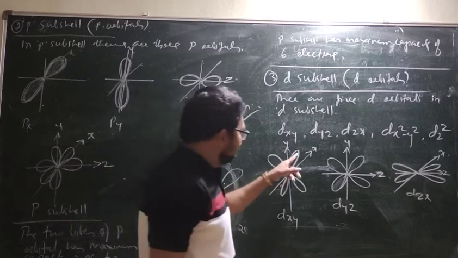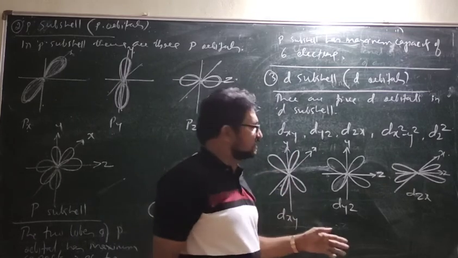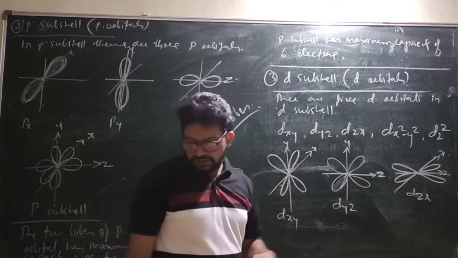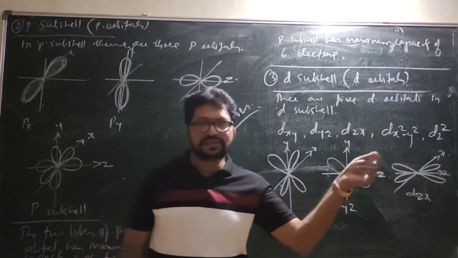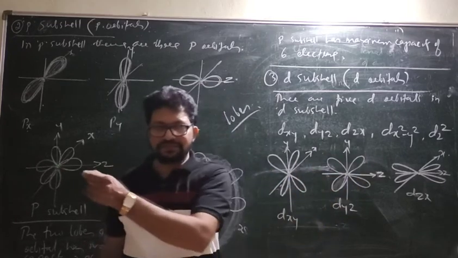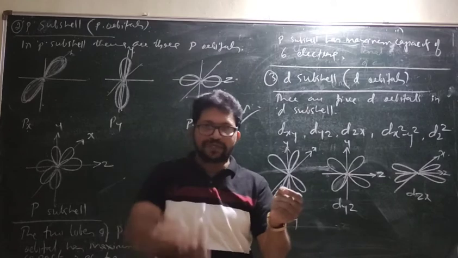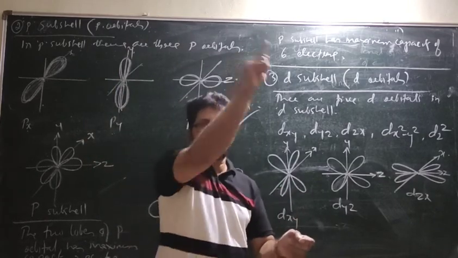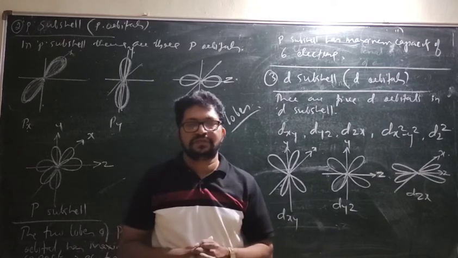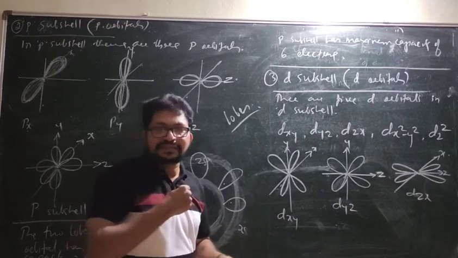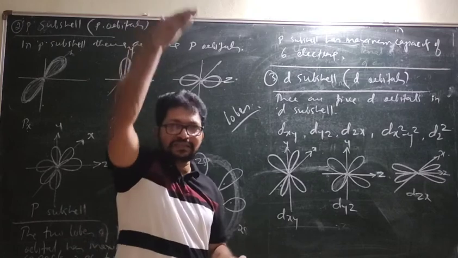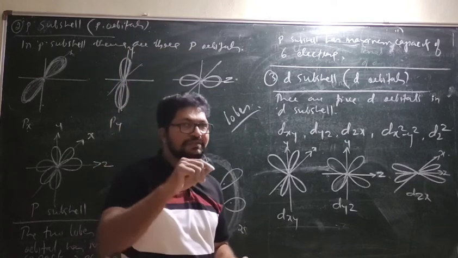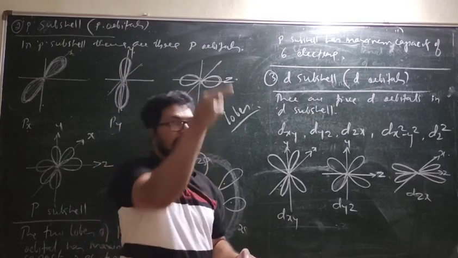These are 45 degree between the axes, these two axes. Okay, look at this, I'll show you. This is z axis, this is y axis. Yz, tell me. This is x axis, this is y axis. Show me. In between.